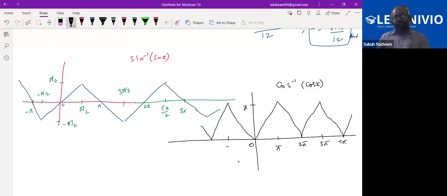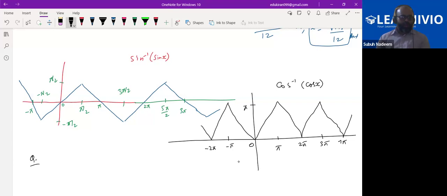This is minus pi, minus 2 pi, and so on. So the domain of cos inverse cos x is also the real numbers from minus infinity to plus infinity, whereas the range is 0 to pi. The output which we will get is 0 to pi, because the principal value of cos inverse x is 0 to pi, whereas the principal value of sine inverse x is minus pi by 2 to pi by 2.